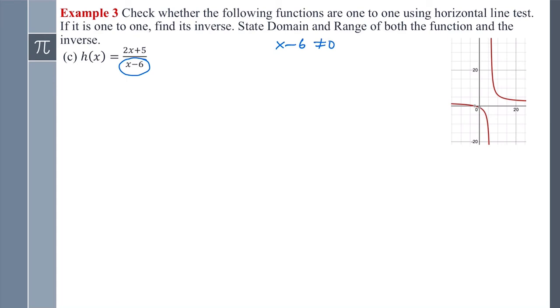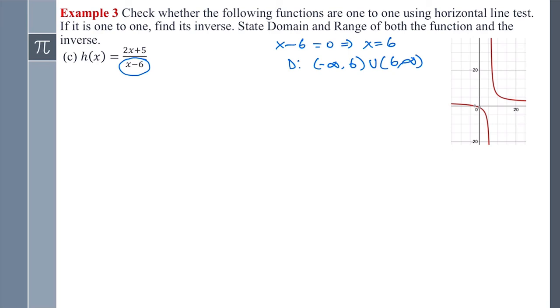If we take x equals 6, the denominator becomes 0. That means 6 is not in the domain of this function. So to write the domain, we have negative infinity to 6 union 6 to infinity.